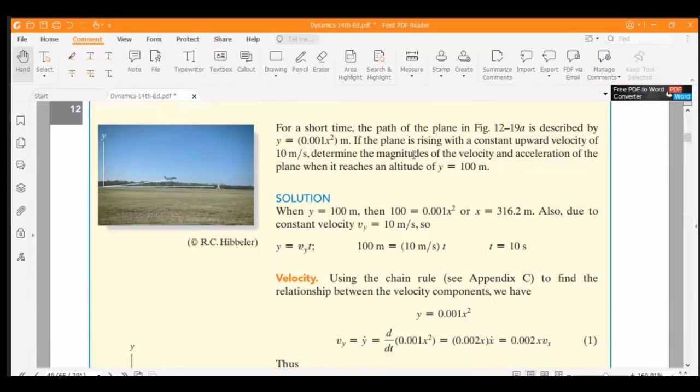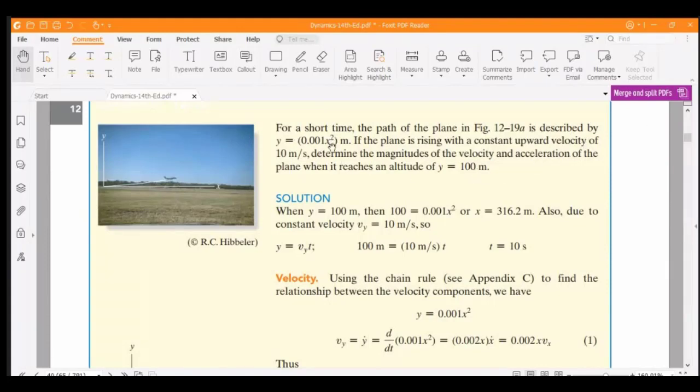Determine the magnitude of the velocity and acceleration of the plane when it reaches an altitude of y equals 100 meter. So in the y direction the velocity is 10 meter per second, and the question is when it reaches 100 meter.